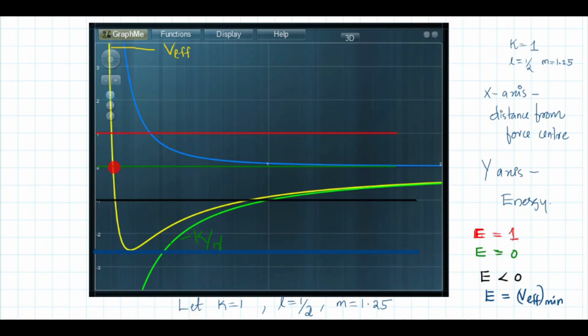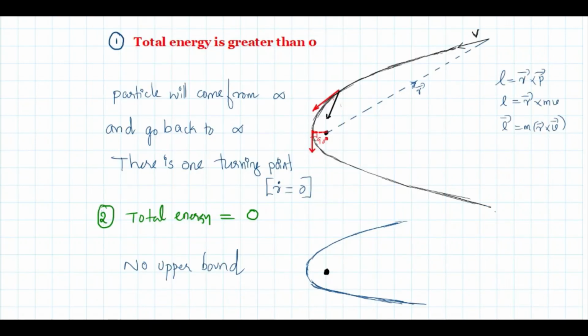Up to this point, E is greater than V effective, so no issues. But beyond this point, E is less than V effective, so that is not physically possible. So the particle will go back to infinity. The particle will come from infinity nearer to the force center up to this point, then go back to infinity. So the path will be something like the earlier one.